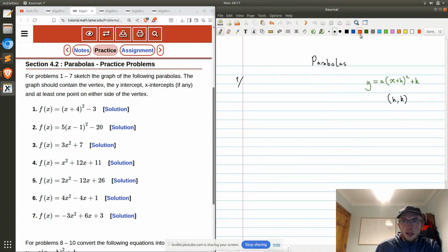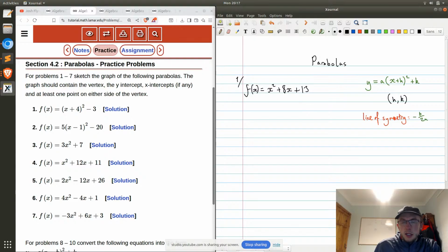So I know that the line of symmetry is minus b over 2a. And I know that if I were to expand this out, I would get x squared plus 8x plus 16, but then we have to take away 3, so plus 13.